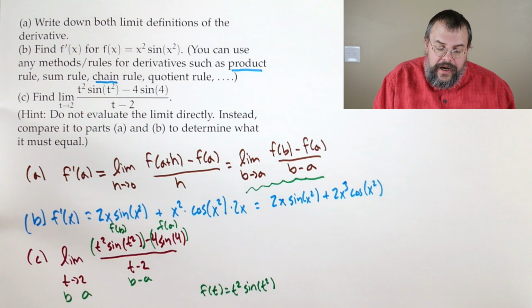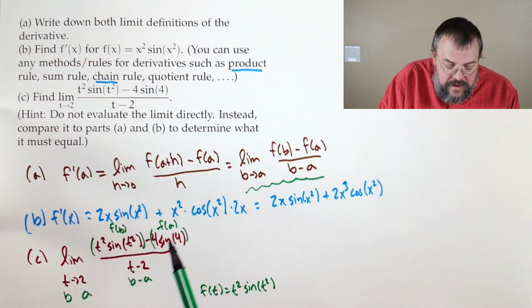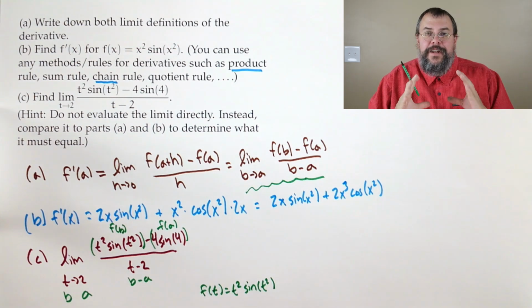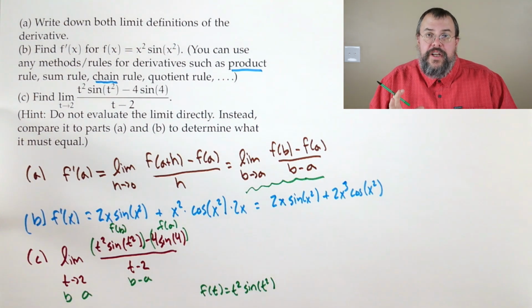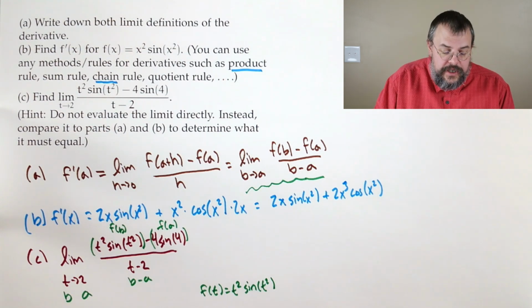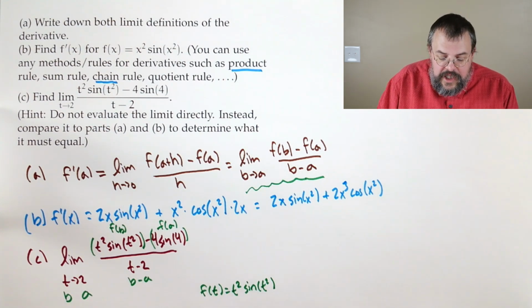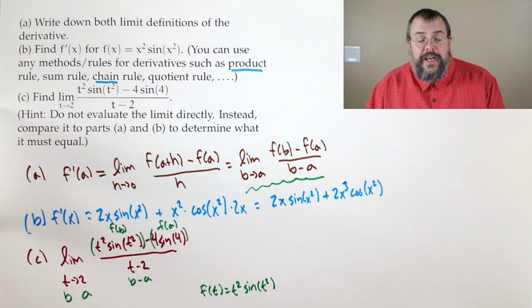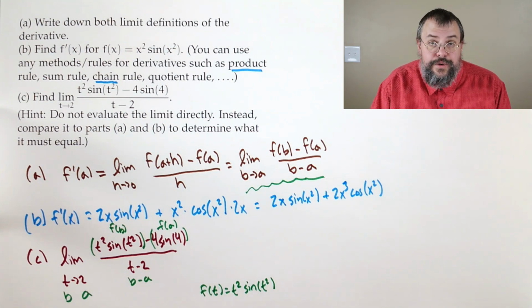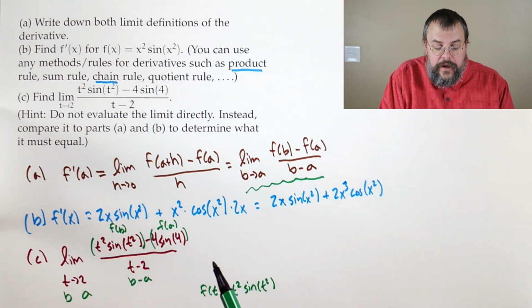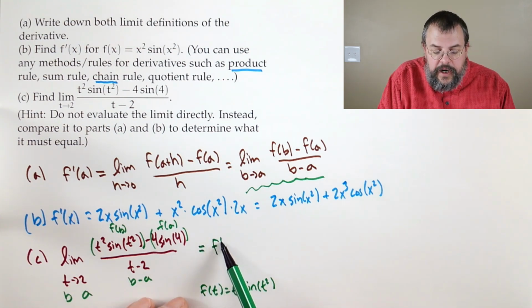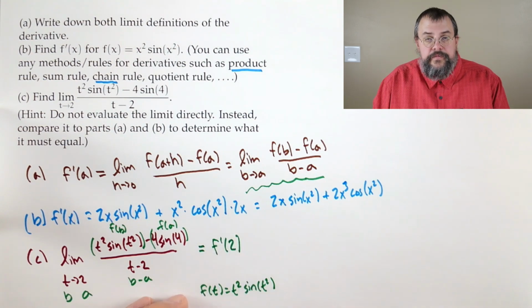So we say, aha, this limit fits the mold for the limit of a derivative. And in particular, it fits the mold for the function where our function is t squared sine of t squared, and the location where we're taking the derivative is at 2. So this limit is f prime of 2.